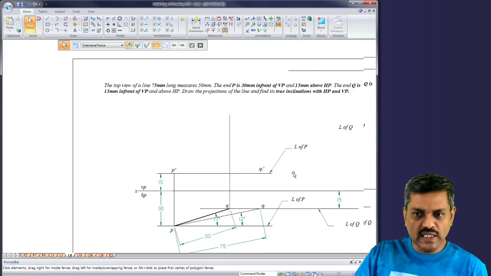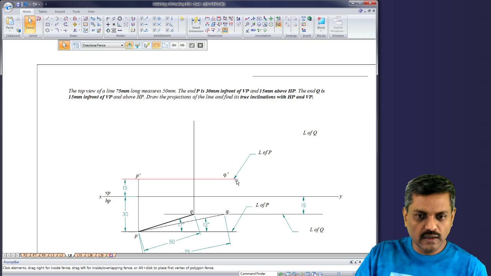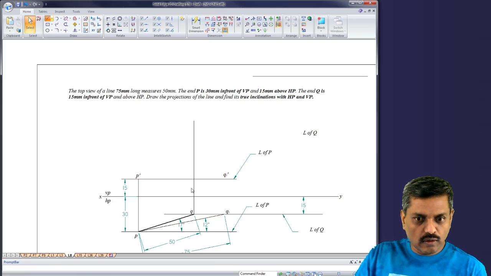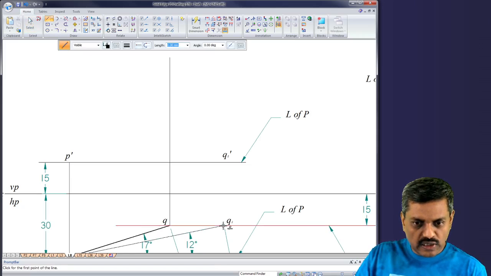So if you carefully observe, it is in the locus of p, but any point cannot lie in somebody else's locus. That is the idea. That means q cannot lie on the locus of p. q2 dash here should go to the locus of q, but it is not available. But if you carefully observe, this particular point is q2.